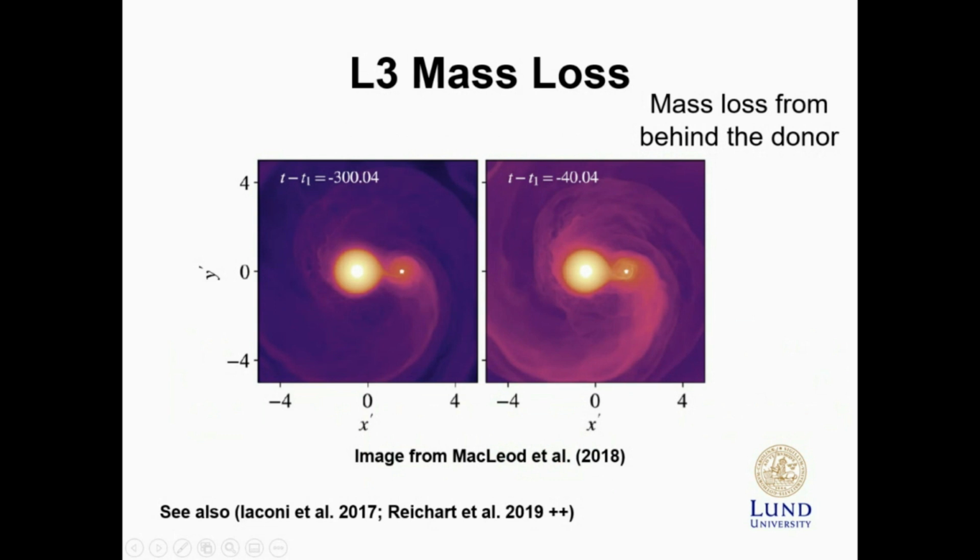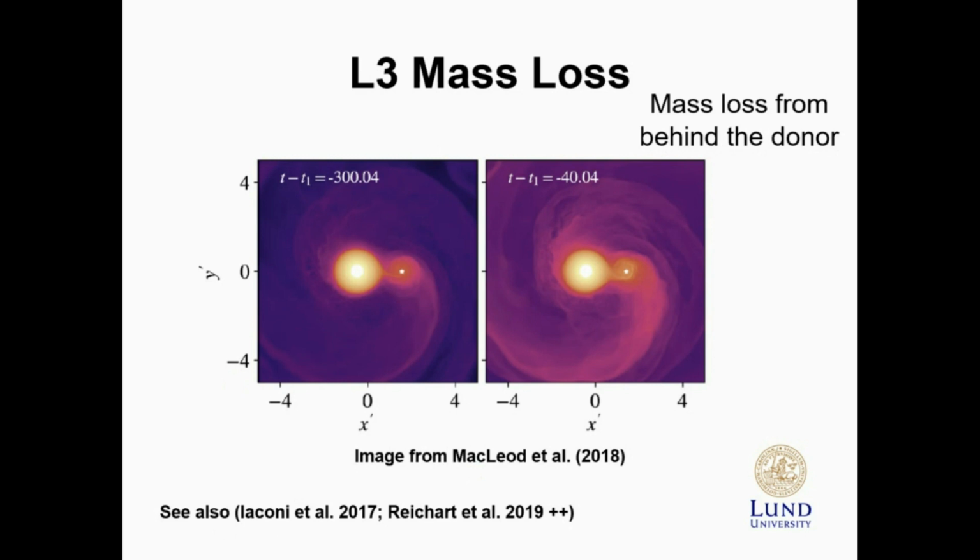And L3 mass loss is the material being lost from behind the red giant. So on this figure, for example, the L3 mass loss is mass loss from these regions. That's an earlier snapshot, and from these regions is a later snapshot.